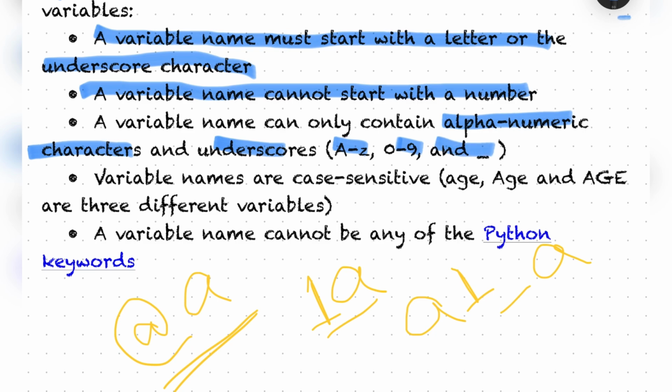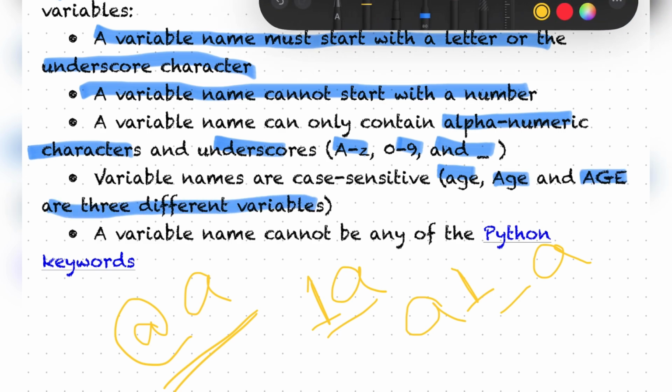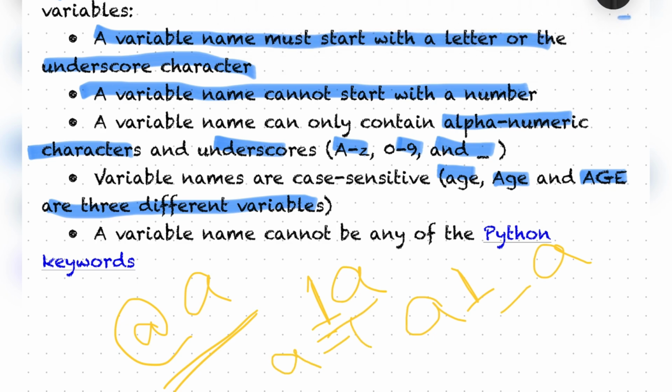Variable names are case sensitive. Age and age are two different variables. We can write a equal to 10 and A equal to 20, and both will be different in Python.